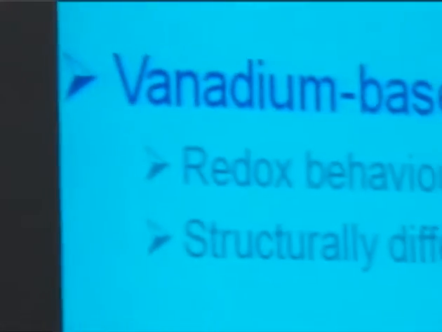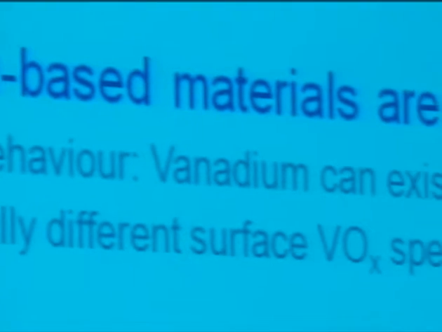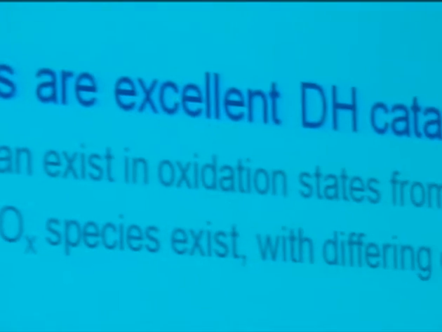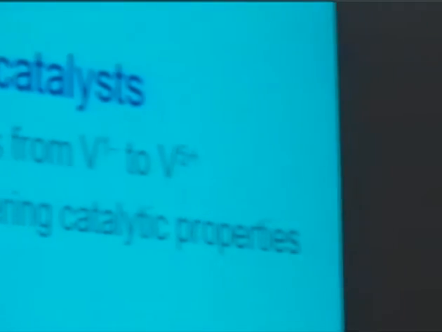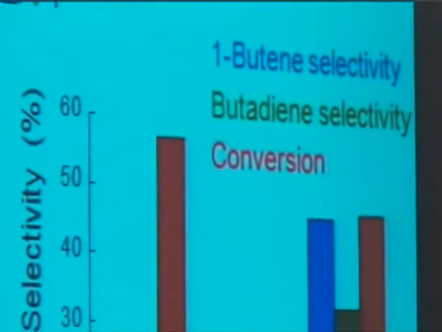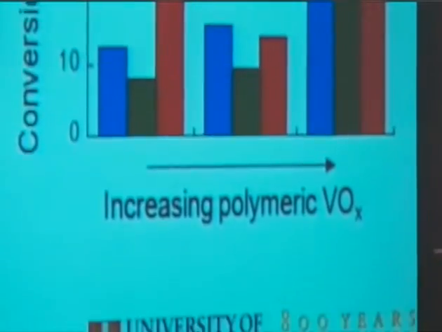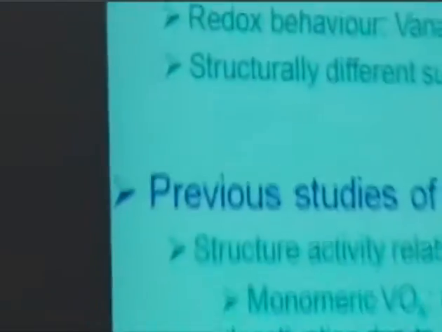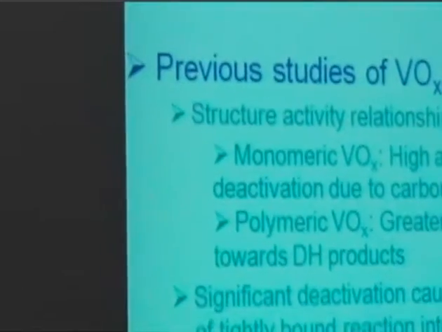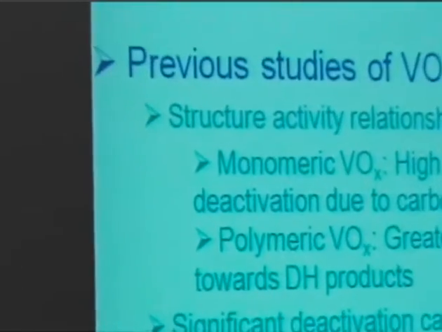Now, ourselves at the University of Cambridge, along with the Fritz Haber Institute in Berlin, Peter Stair's group at Northwestern University in Illinois, and David Jackson's group at the University of Glasgow in Scotland, were part of a consortium that spent a lot of time looking at the use of vanadium alumina catalysts for butane dehydrogenation.